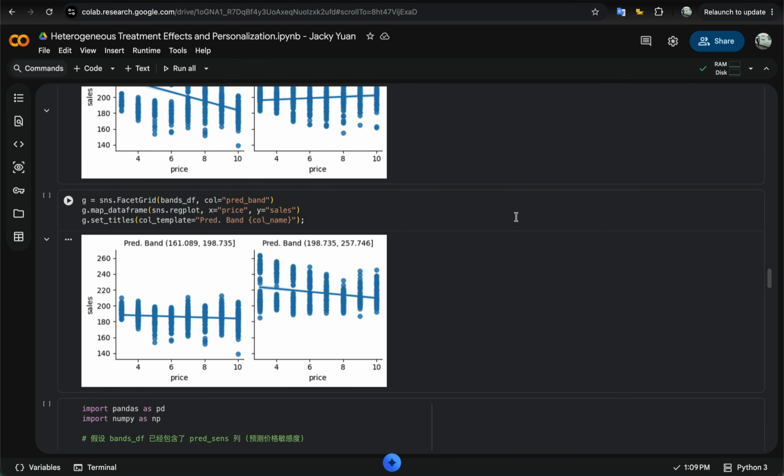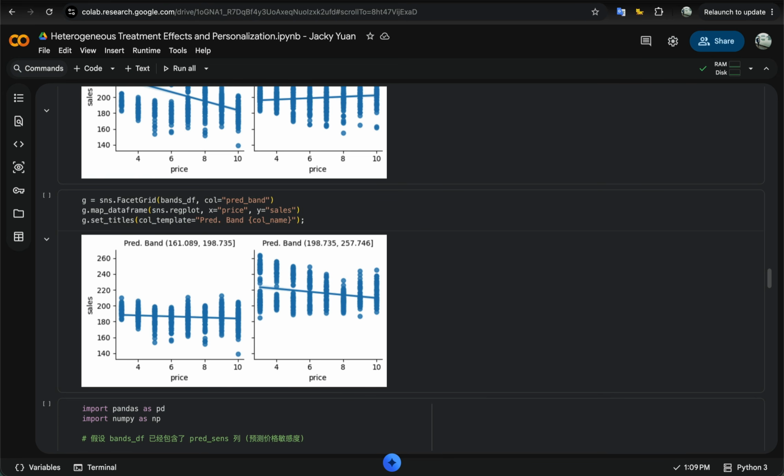From a business perspective, what does this teach us? It gives us a very simple decision framework. If a day is highly price sensitive, we should be careful about raising prices. If a day is less price sensitive, we may want to test a higher price.